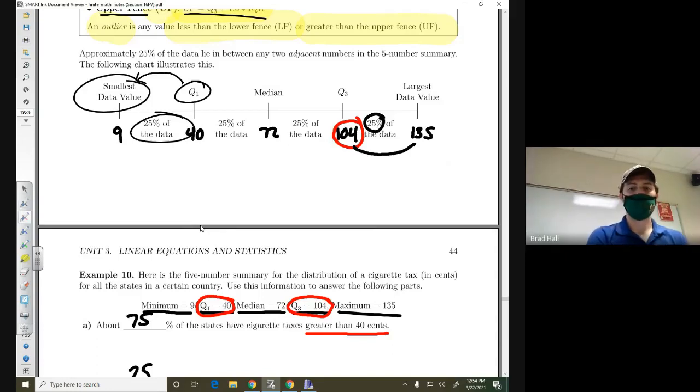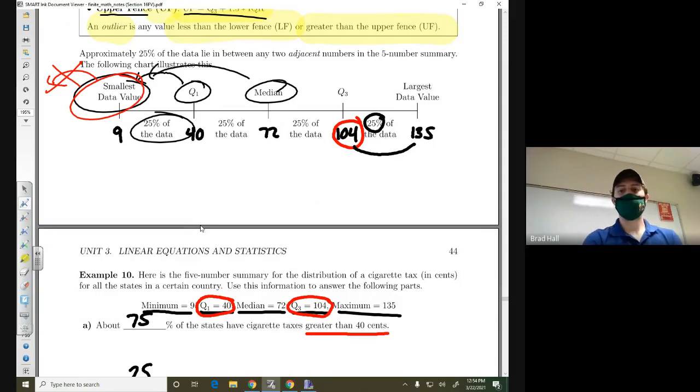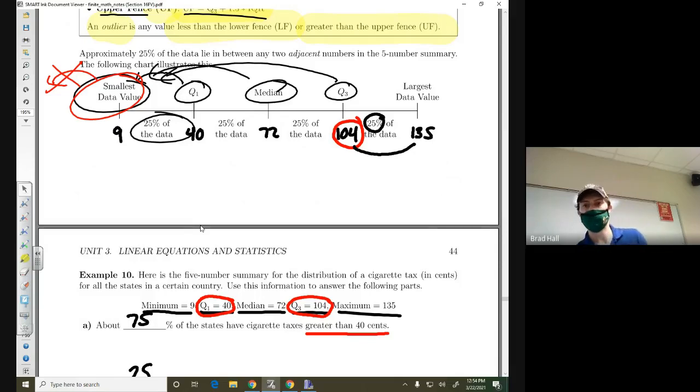If we started at the smallest data value, there's no smaller one to jump to. So that would be 0%. If it were from the median, that would be 50%. If it were from Q3, fewer than that is 75%. That's kind of how we read this chart. It gives us an idea about the intervals of 25%, the proportions of data that lie within certain intervals.